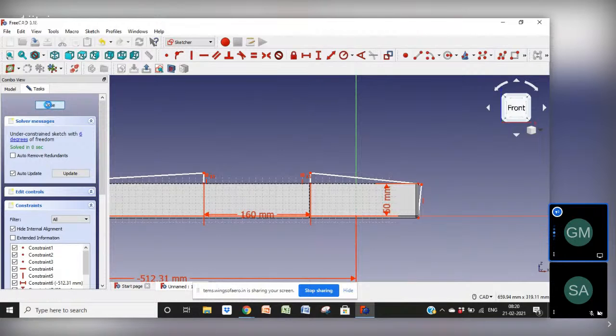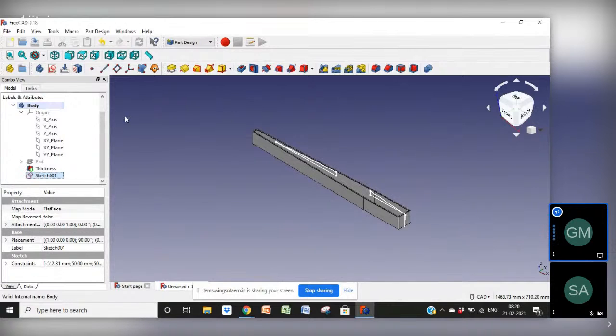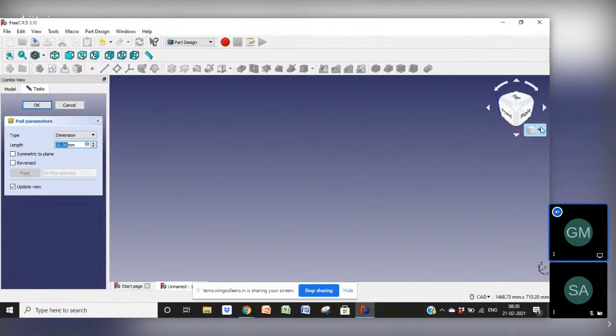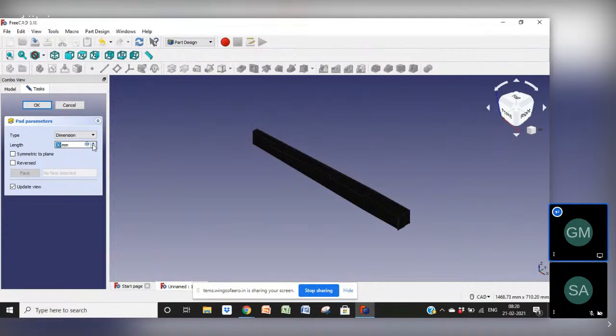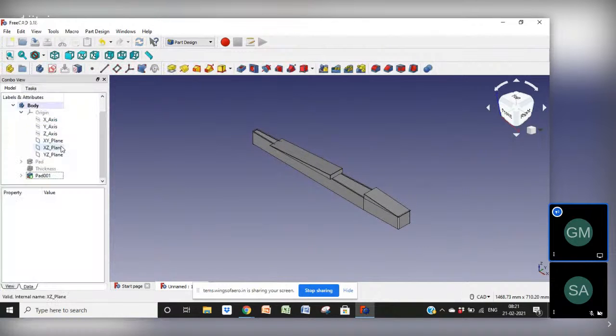Now come out of the sketcher and pad this section. Now you can see it from this side.